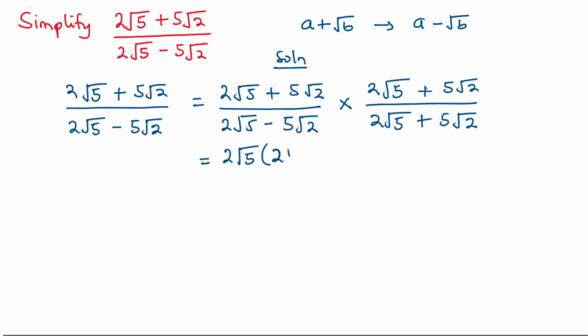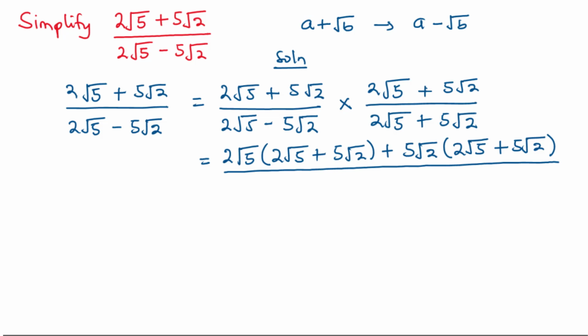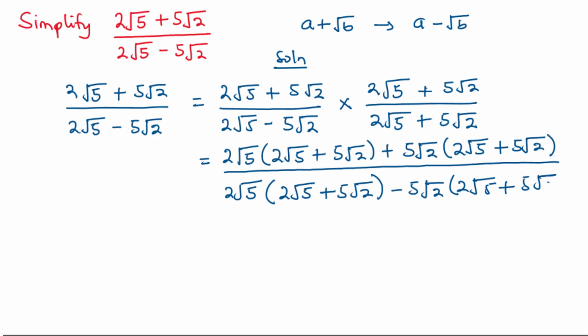So 2 root 5 times 2 root 5 plus 5 root 2, plus 5 root 2 also times 2 root 5 plus 5 root 2, all divided by 2 root 5 times the whole of this, 2 root 5 plus 5 root 2, minus 5 root 2 times 2 root 5 plus 5 root 2.